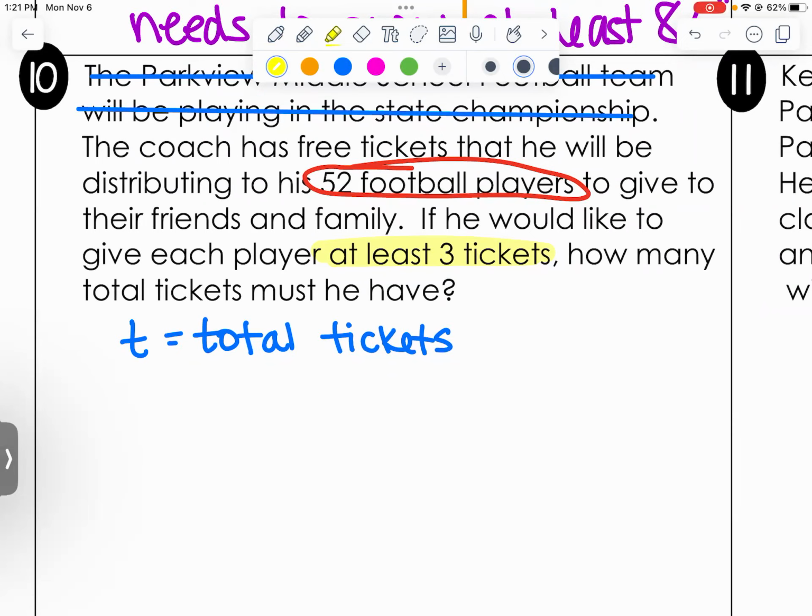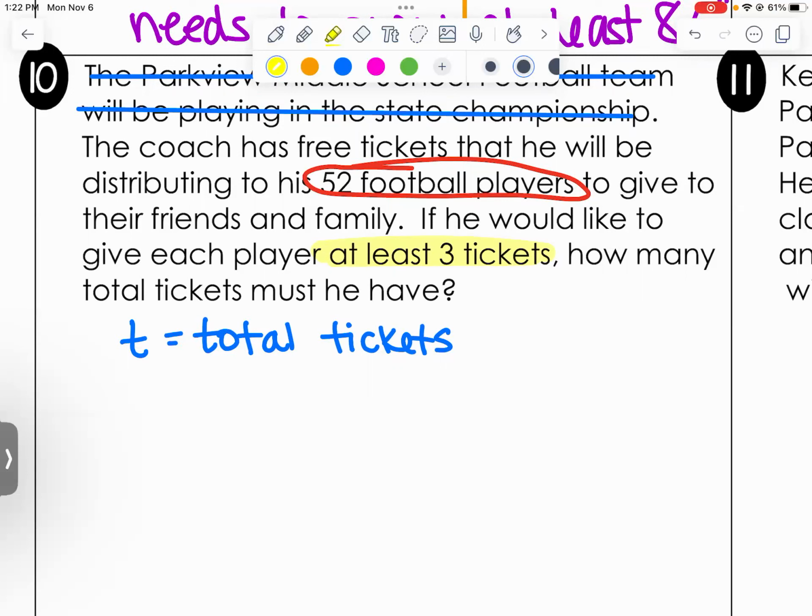Okay, so what did I tell you about when you go to write your inequality? What should you look at first? Okay, so we need to look for whatever our inequality words are.